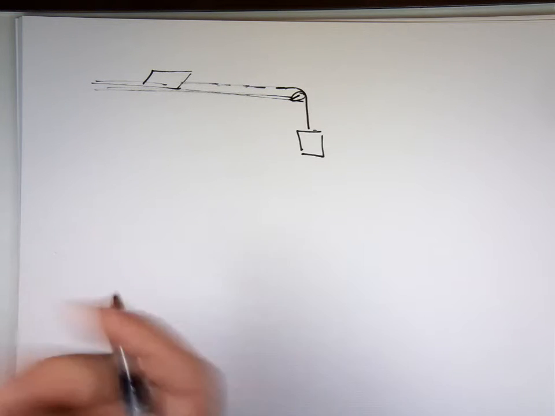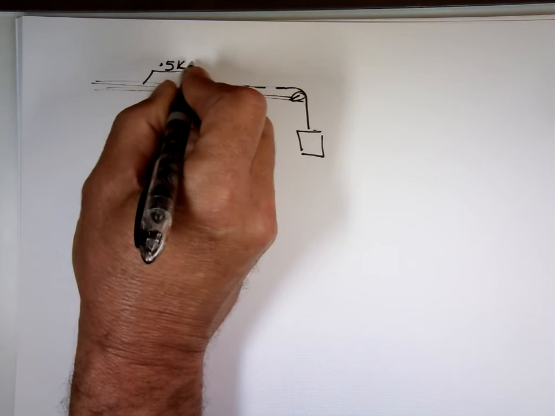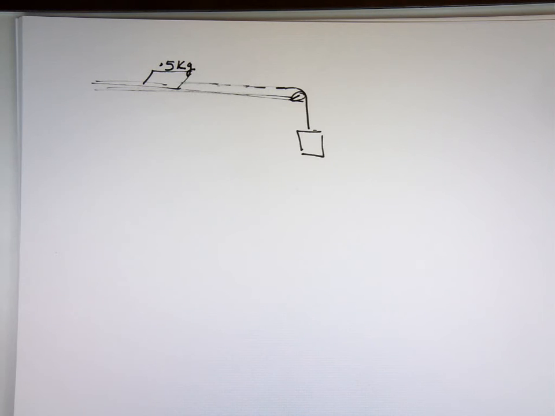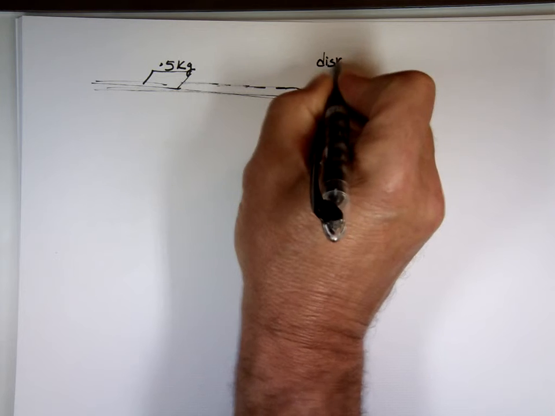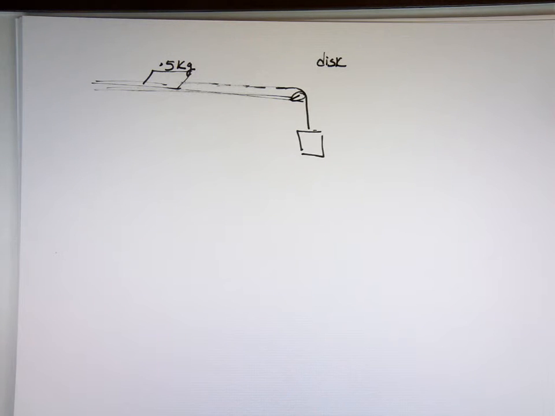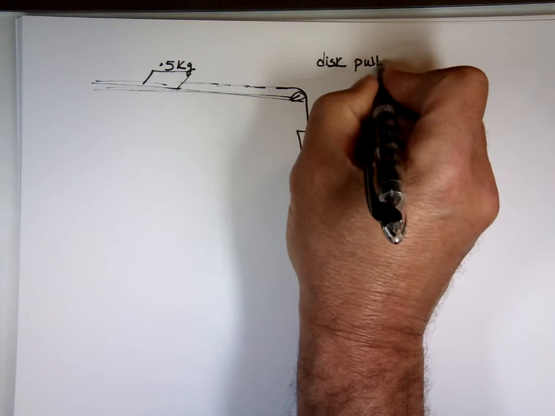Now, the one in the lab has a mass of roughly 0.5 kilogram, give or take. It's 500 grams, so 501, 502, 498, but around 500 grams. The string passes over a disc-shaped pulley. We have a disc pulley, and why do we use the word disc here?